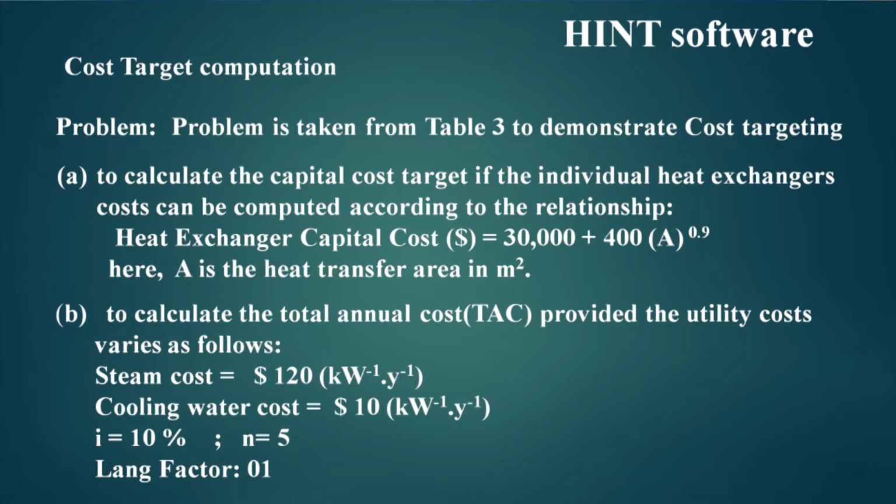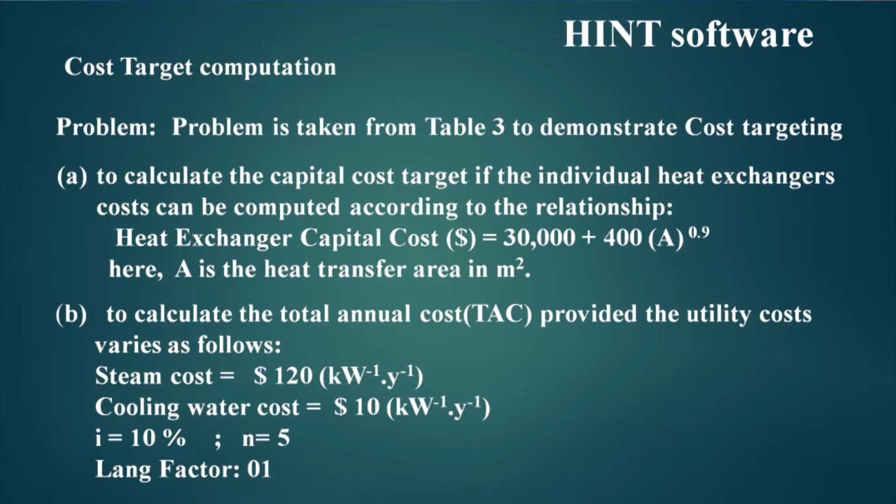So, details of this can be seen in any economic computation book, where it is given how the Lang factor is used, or how the interest rates are being used for the computation of depreciation values.